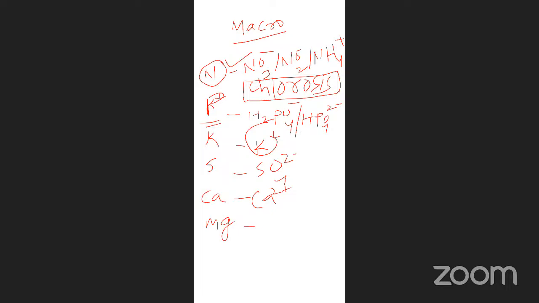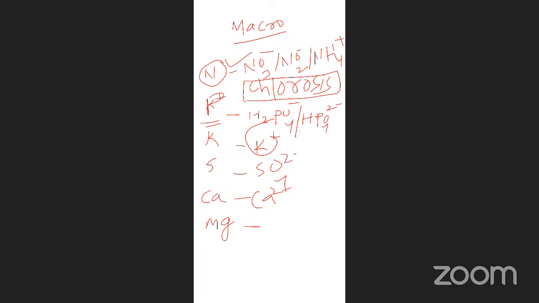Right, next one, magnesium. Magnesium is absorbed by plants in the form of magnesium 2+. It activates the enzymes of respiration and photosynthesis, and is also involved in the synthesis of DNA and RNA, during the replication process and the transcription process.